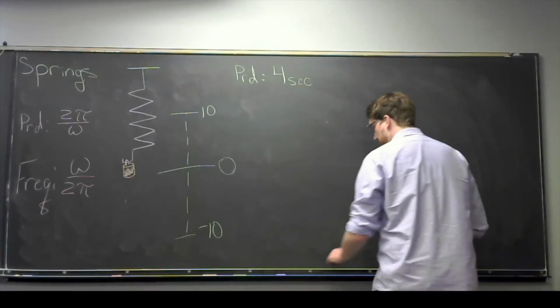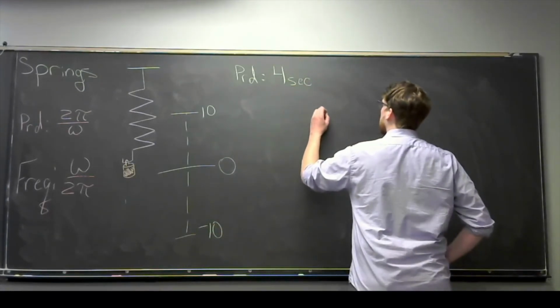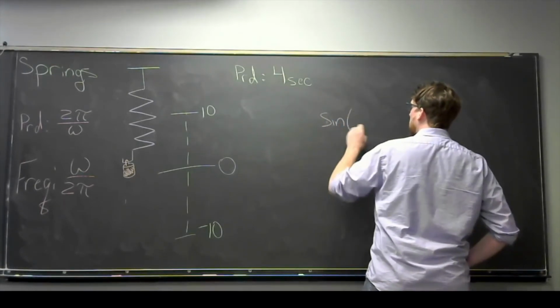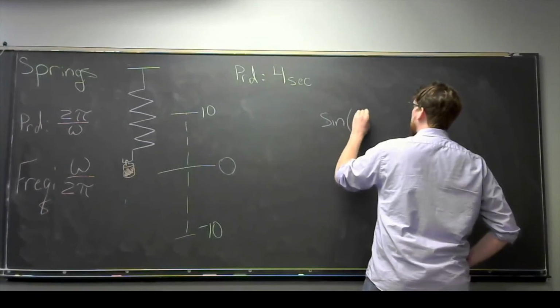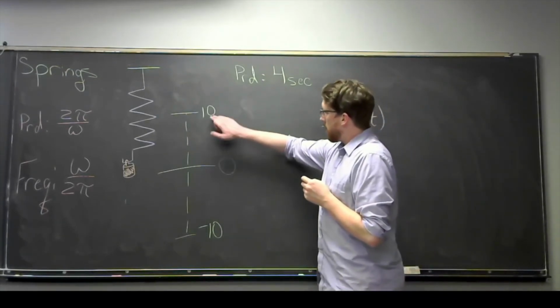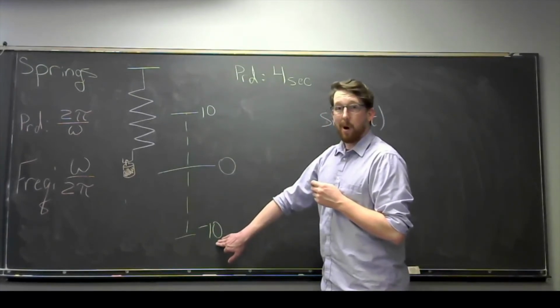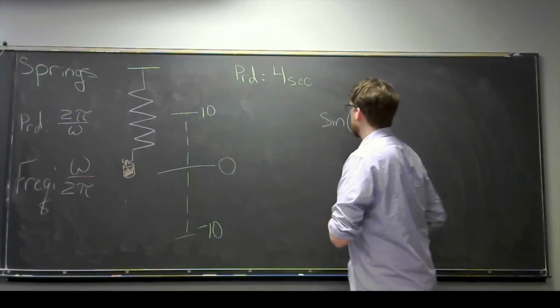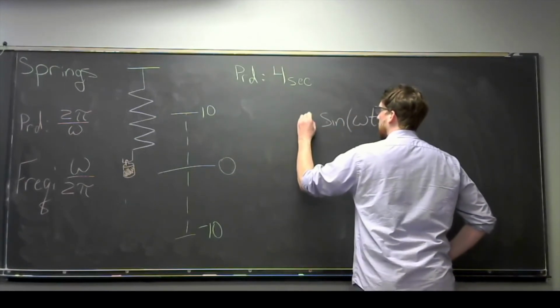So let's write that down. We know we're going to start using sine at 0. And it's going to be omega times t. And we just said the amplitude is 10, right? That's the maximum displacement it ever experiences. So, 10.